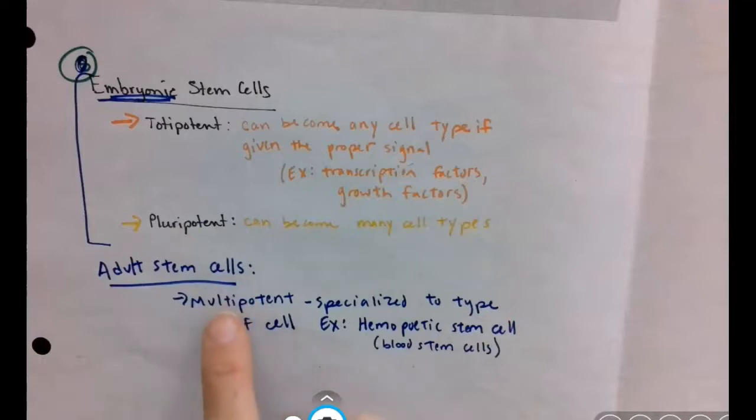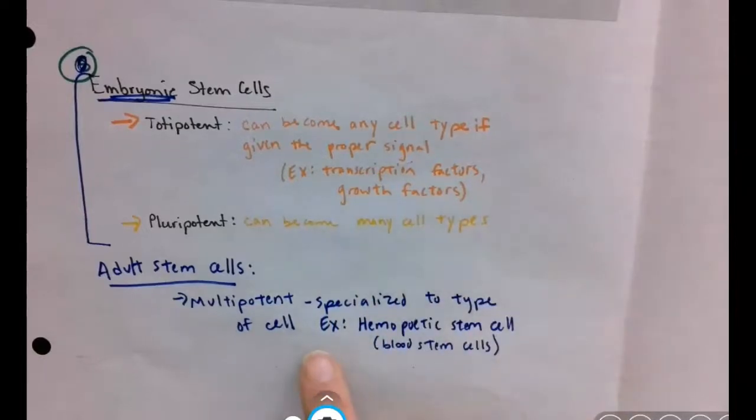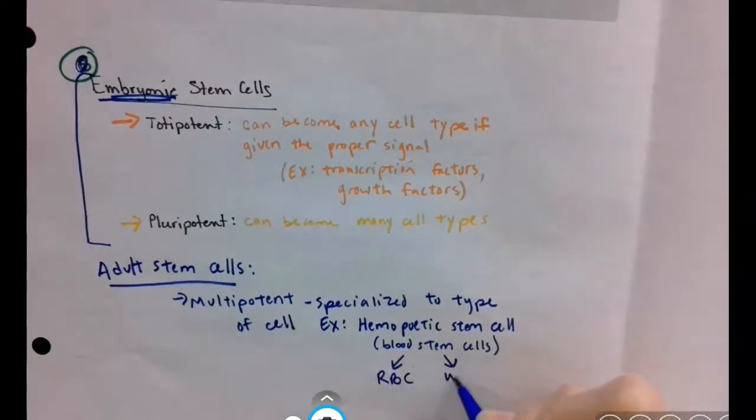Adult stem cells are multipotent, meaning they are specialized a little bit to the type of cell. So they can't become any type of cell, but they can become several different types of cells. For example, a hemopoietic stem cell or a blood stem cell could become a red blood cell or a specific type of white blood cell.